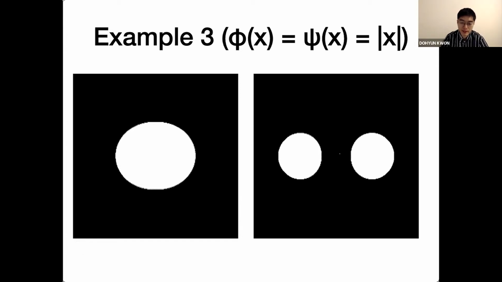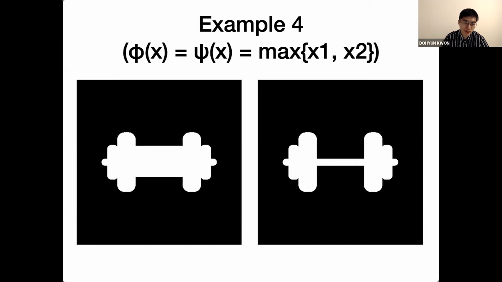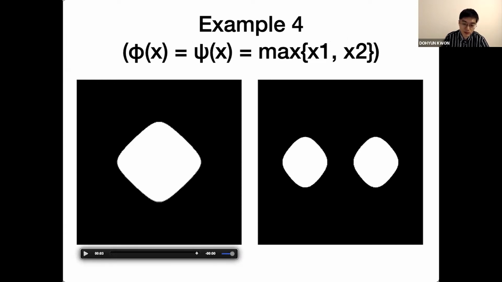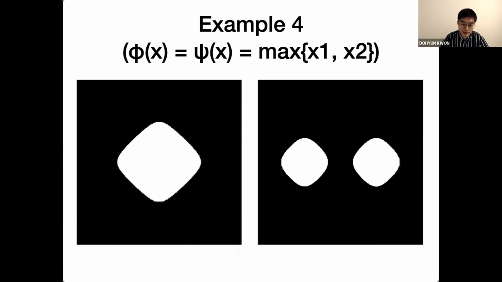Then, as you may expect, it will converge to two balls instead of one. Similarly, if phi of x and psi of x are the maximum of |x1| and |x2|, then it will converge to either a square or two squares.